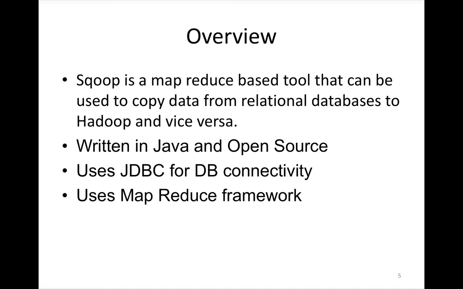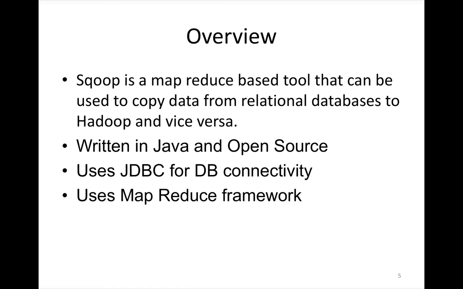Sqoop is a MapReduce based tool that can be used to copy data from relational databases to Hadoop and vice versa. So in most of the Hadoop projects, getting data from relational databases into Hadoop or vice versa is very important, and Sqoop can be used as a tool to do so. If you don't use Sqoop, you need to develop the MapReduce code by yourself, which can be daunting and tedious.